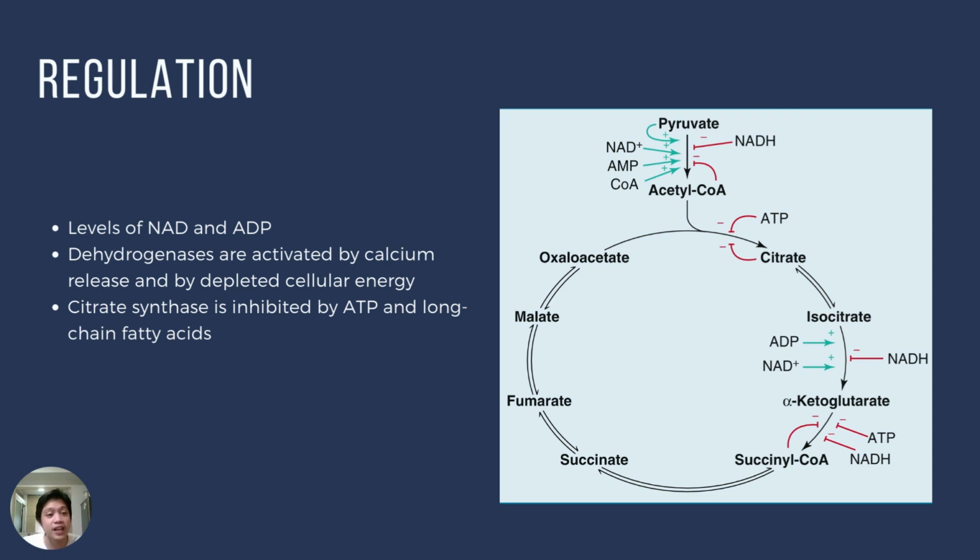Citrate synthase, which catalyzes the combination of acetyl coenzyme A with oxaloacetate, is inhibited by ATP, which just tells us that if we have high levels of ATP or cellular energy, the Krebs cycle will automatically slow down. Long-chain fatty acids, which are products of anabolic reactions, or the building up of larger molecules from smaller molecules, this time acetyl coenzyme A combining with each other to form long-chain fatty acids, will also inhibit citrate synthase.